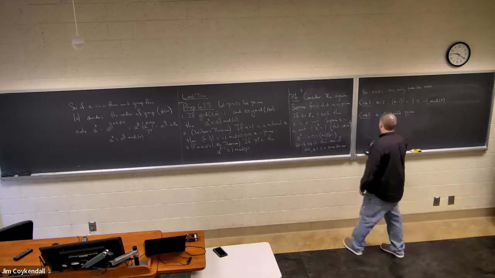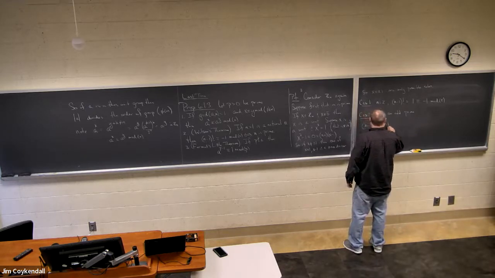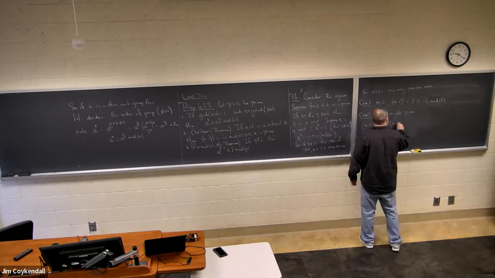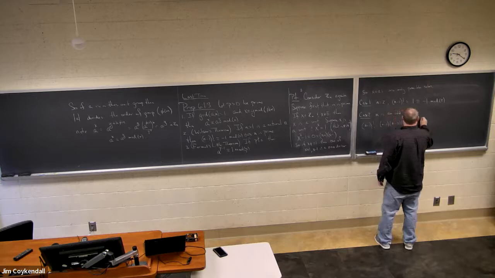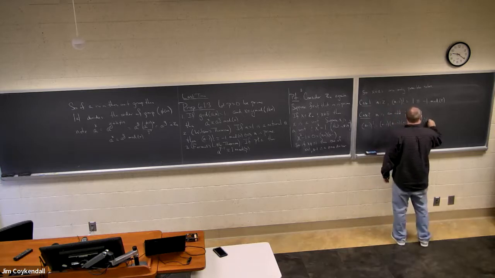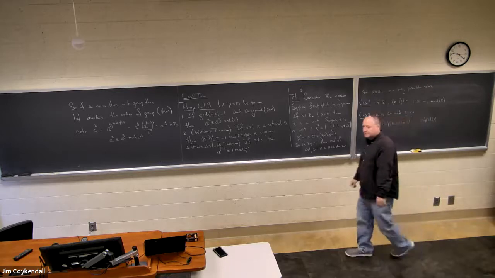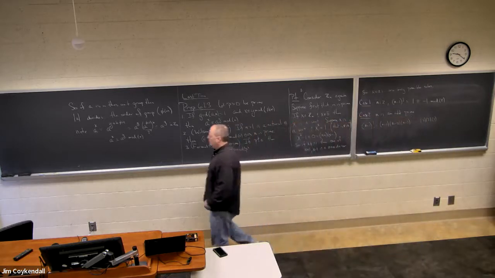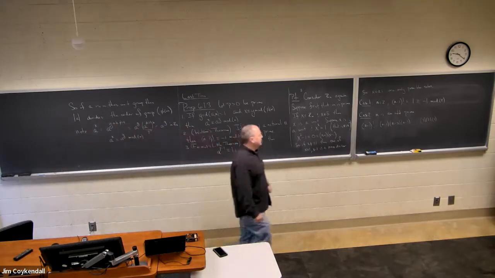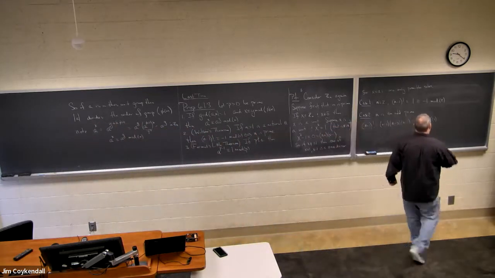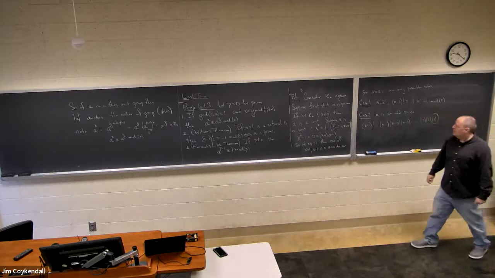Well, let's look at n minus 1 factorial: n minus 1, n minus 2, 3, and so on down. Now, let me point out that 1 is its own inverse, right?